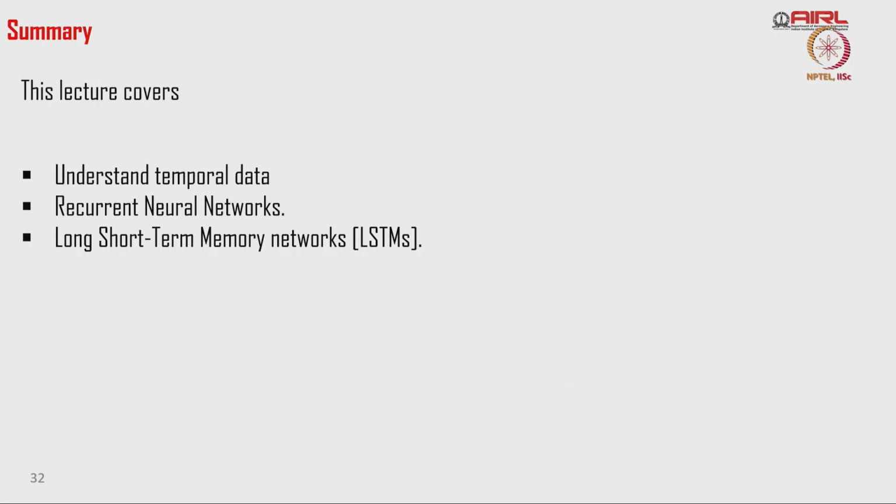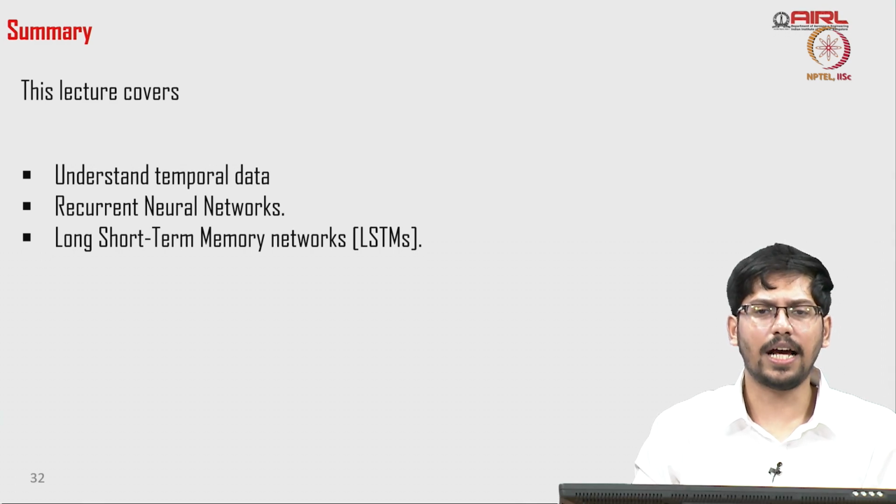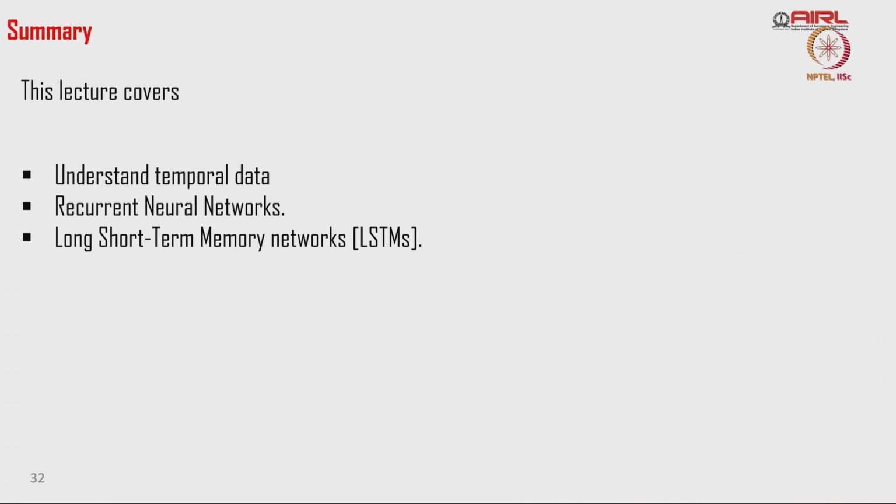So, to summarize, in this lecture we covered the temporal data and the different sequential tasks that could be there. We also went into a detailed study of RNNs: the applications of RNNs, the structure of RNNs, the unrolling of RNNs, and the backpropagation through time for RNNs.